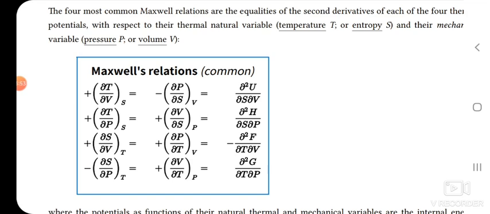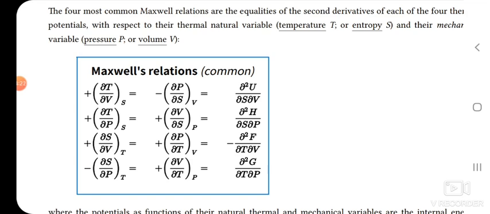Helmholtz free energy F is a function of temperature and volume, and Gibbs free energy G is a function of T and P. The thermodynamic square can be used as a mnemonic to recall and derive these relations.